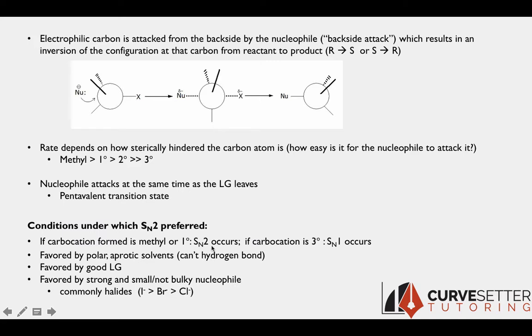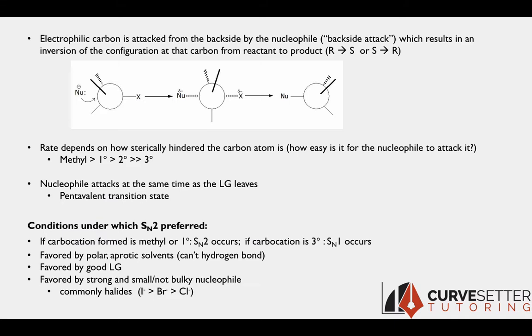So no carbocation can form, meaning SN2 occurs. If that theoretical carbocation is tertiary, we know that's SN1. And if it's secondary, meaning the carbon is bound to a leaving group and two other alkyl groups, then it depends on whether it's SN1 or SN2, and it mainly depends on the strength of the leaving group and the solvent.